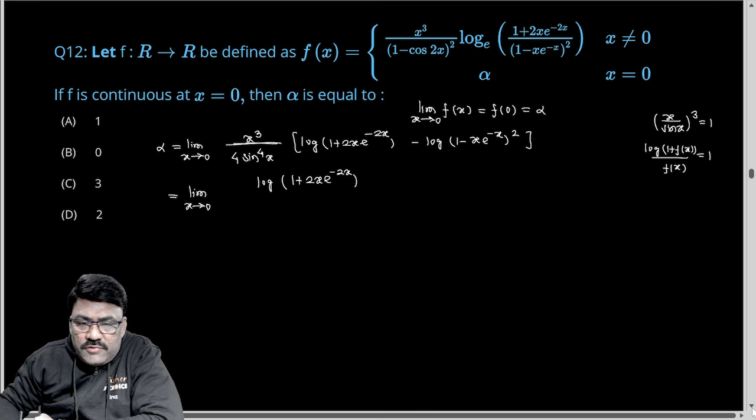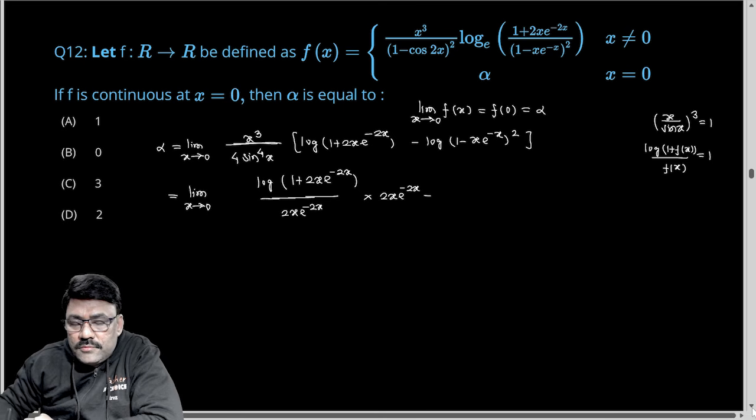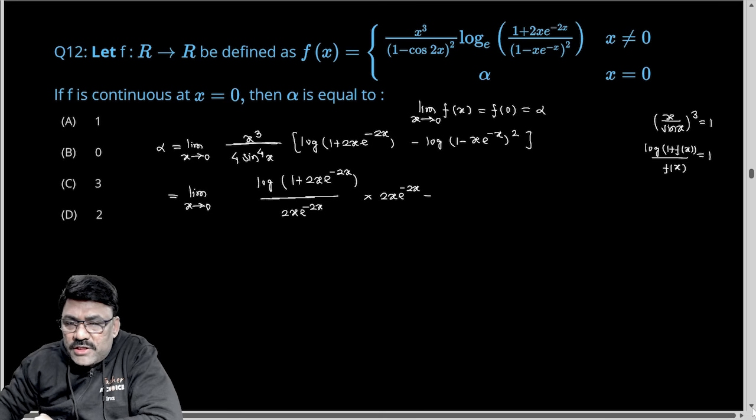So what I will do, since I have log of (1 plus 2x e raised to minus 2x), just divide it by 2x e raised to minus 2x here, and to balance it, multiply by 2x e raised to minus 2x. Then this 2 power in the log of (1 minus x e raised to minus x) whole square can be taken outside.